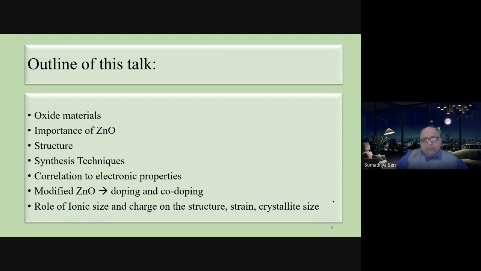There, I will briefly talk about the importance of zinc oxide, and then go to the structure and synthesis techniques that are used to make zinc oxide or any other oxide materials, correlation to the electric properties, and then the modification of zinc oxide by doping and co-doping. This term is very important, co-doping, and why, you will understand during my talk, and the role of the ionic size and charge of this on the structure, strain, and the crystallite size.